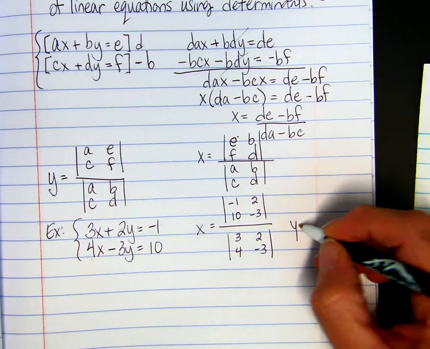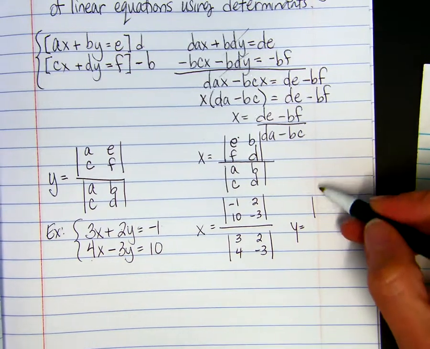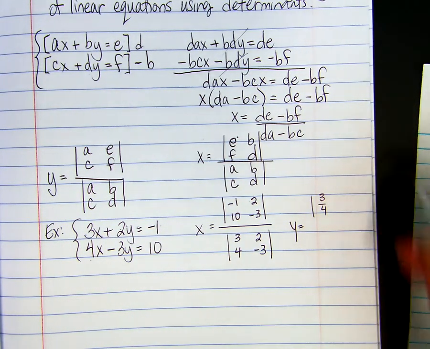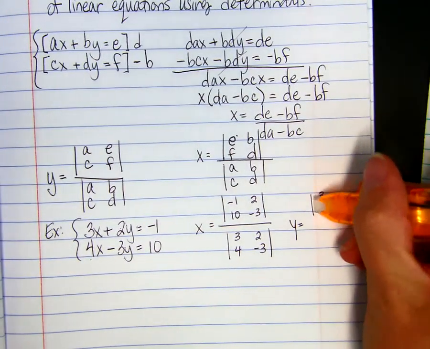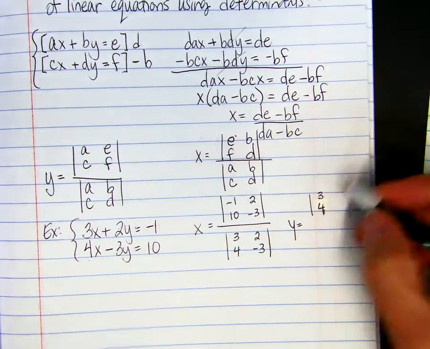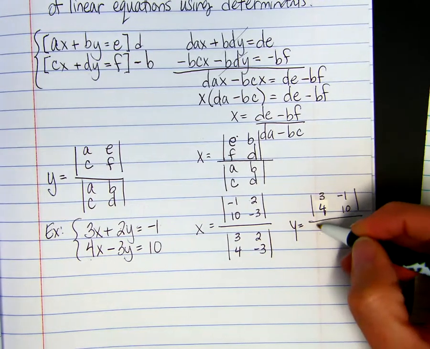To find y, we do the x coefficients in the first column, 3, 4, and then the answers in the second column, -1, 10.